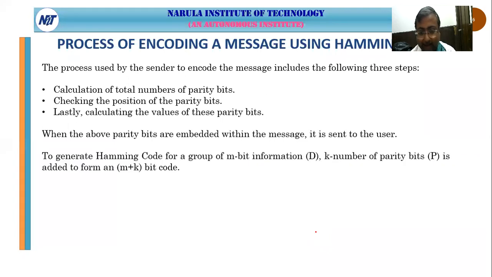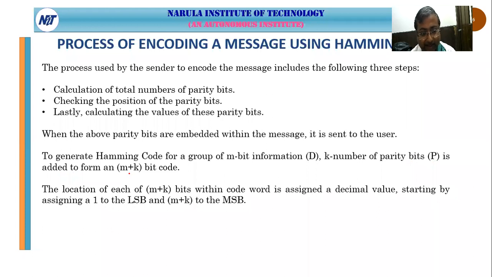So now what is the calculation? Suppose to generate the Hamming code for a group of m bits of information, that means the message bits. Suppose m message bits are there, which are represented by D, and k parity bits, which are represented by P, are added to form the m plus k bit word. I already gave the example, 5-bit message word, 3-bit parity bits, so a total 8-bit Hamming code word.